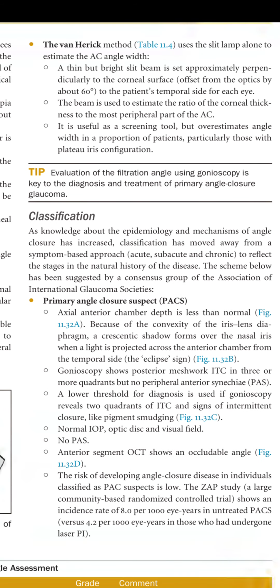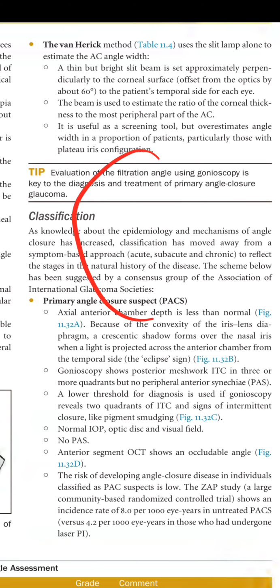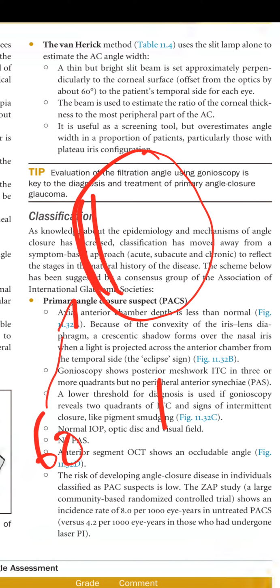So basically, what we do in a slit lamp, because this is a cornea, we make the slit on the temporal side of the cornea by making the illumination beam at 60 degrees and observing system straight ahead at 0 degrees.